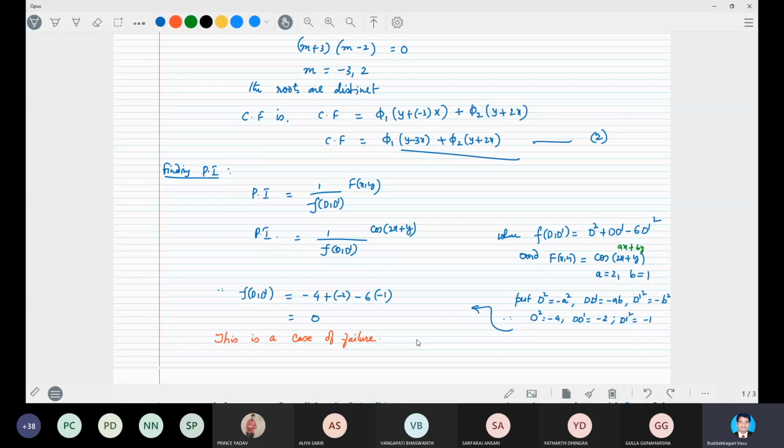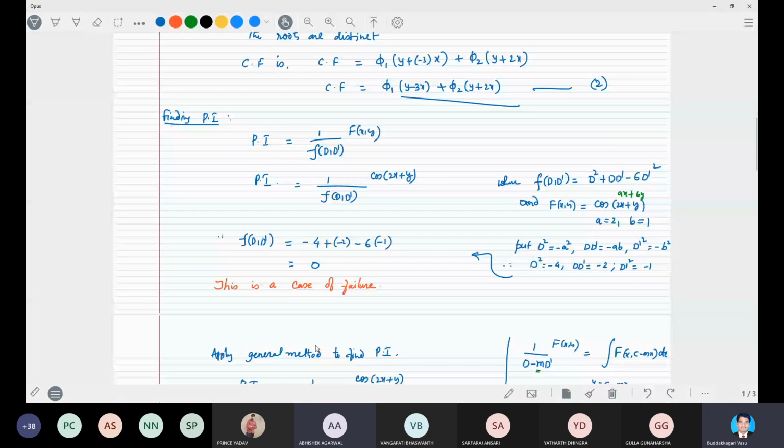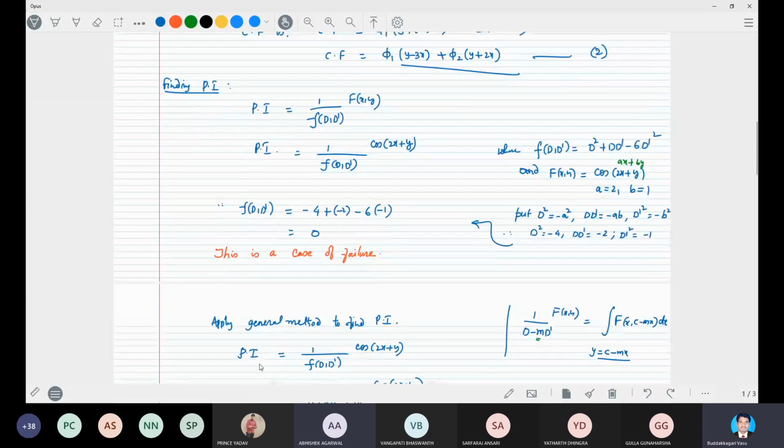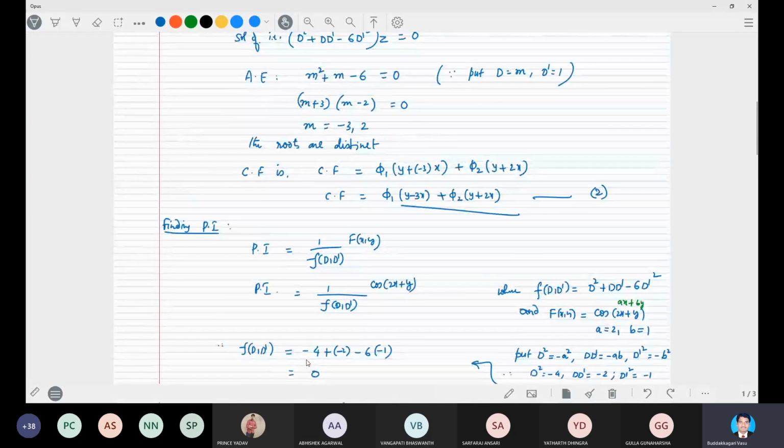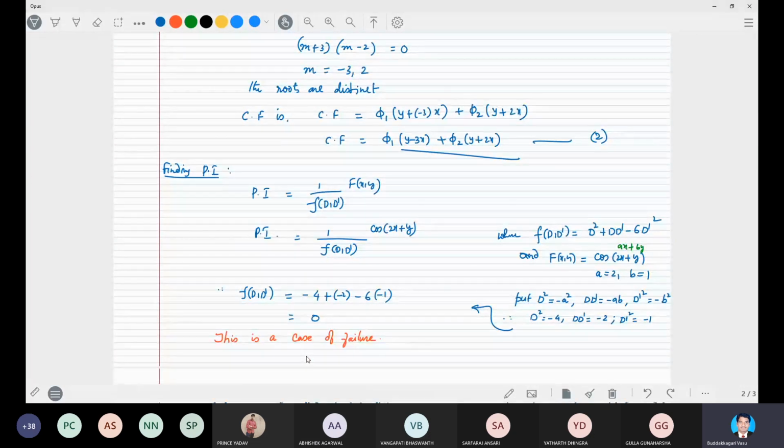If it is a case of failure, what will we do? We will go by the general method. How is the general method to be employed?